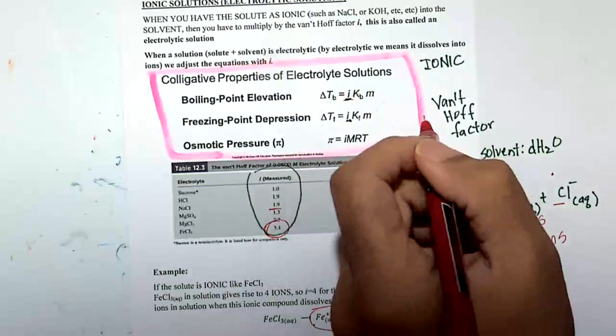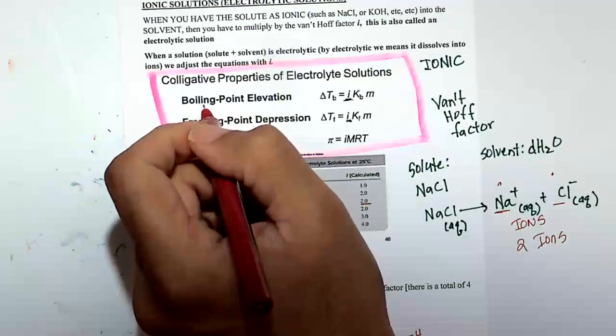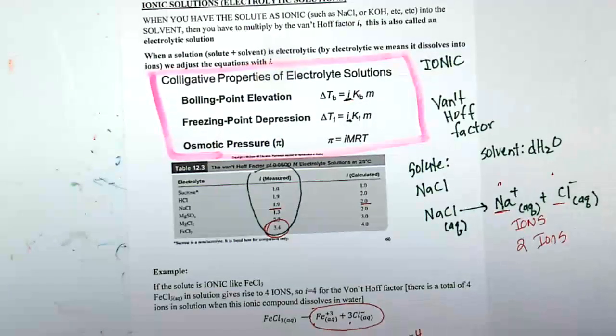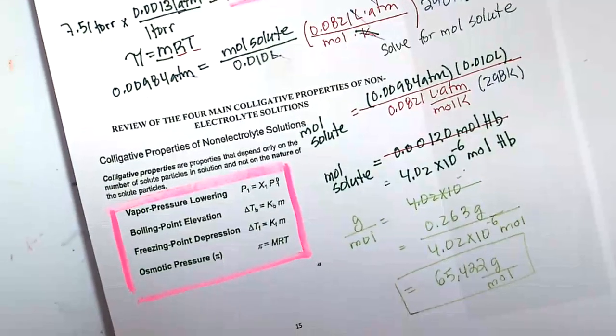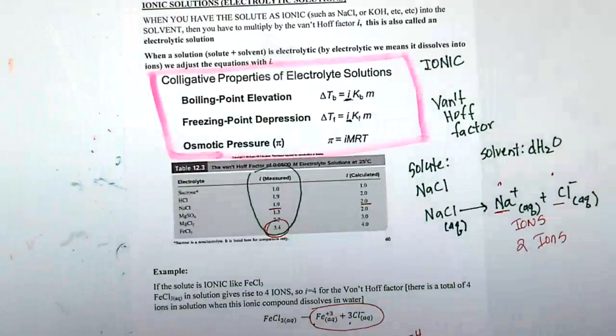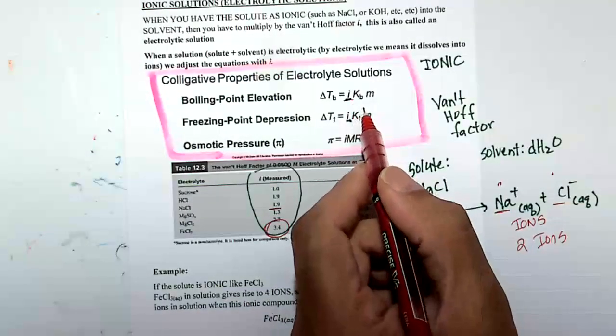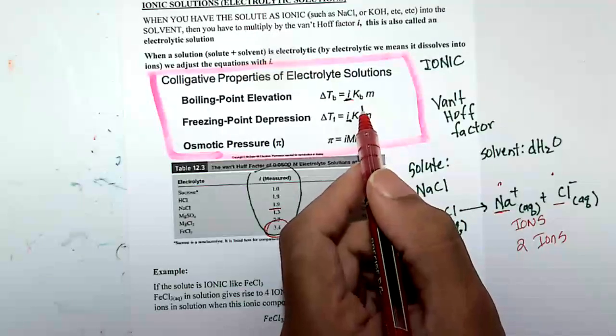So you have to multiply it by this factor I, if your solute is ionic. Now, if your solute is covalent, like glucose or urea or ethylene glycol, you just go by these equations. But if it's ionic, you have to multiply it by a factor that takes into account the ions and their conduction, because they conduct.